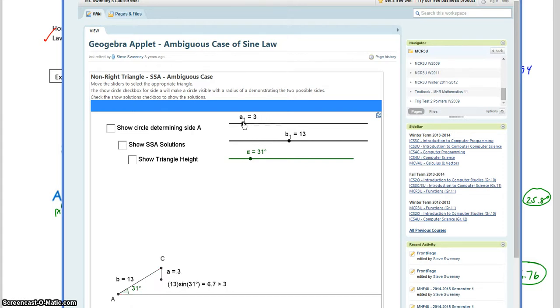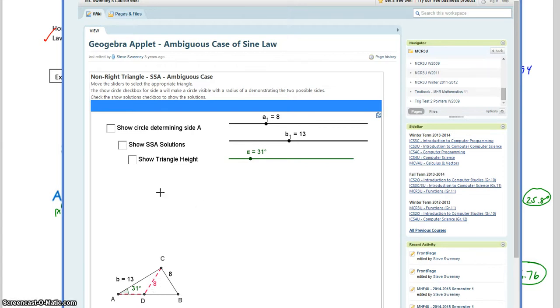And we can see here, again, remember, if A is too small, if it's less than the height of the triangle you would make, we're not going to get any triangle that can be formed in this ambiguous case. But in this case, it is 8. So 8 is bigger than the height, but it's smaller than that side B, which is what creates that situation of two triangles here.